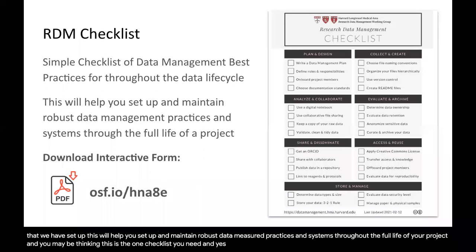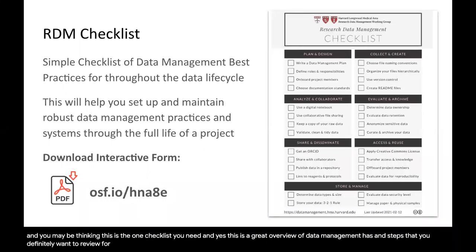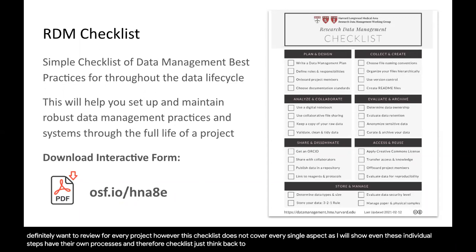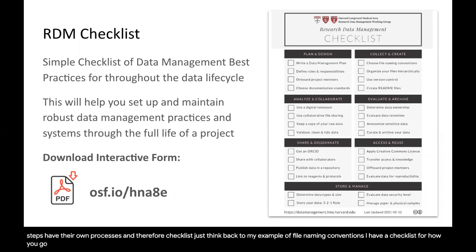And yes, this is a great overview of data management practices and steps that you definitely want to review for every project. However, this checklist does not cover every single aspect. As I will show, even these individual steps have their own processes and therefore checklists. Just think back to my example of file naming conventions. I have a checklist for how you go about creating those.